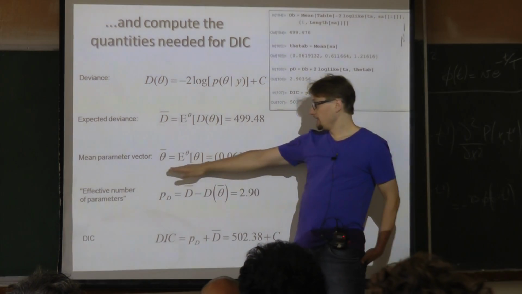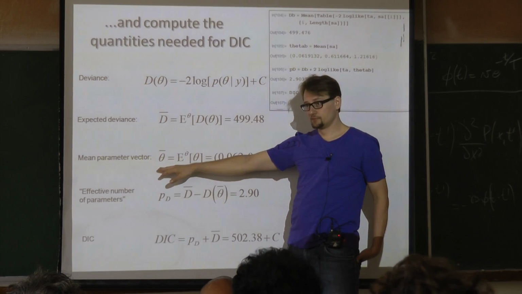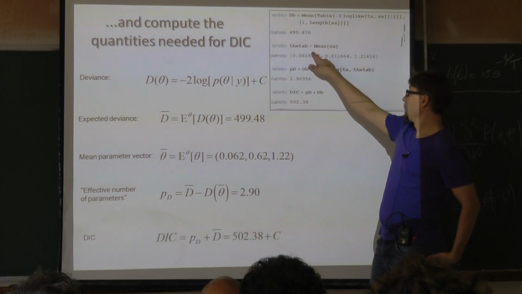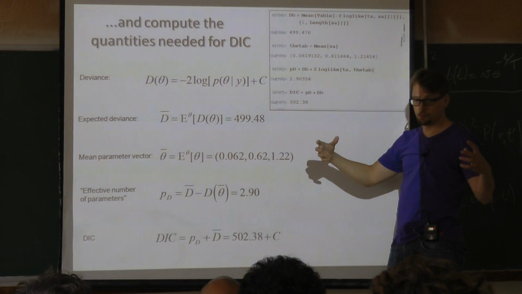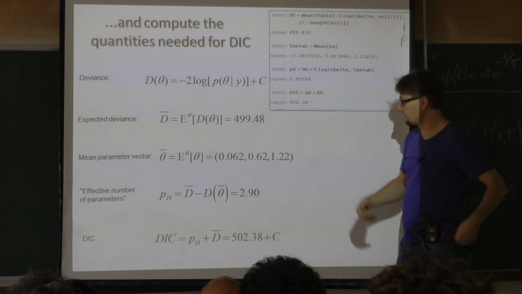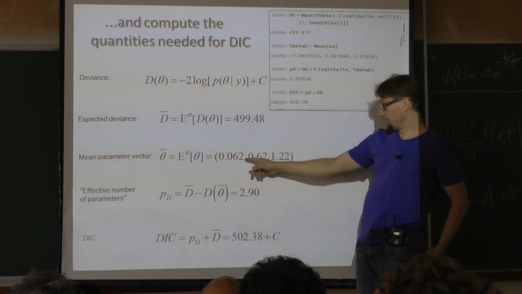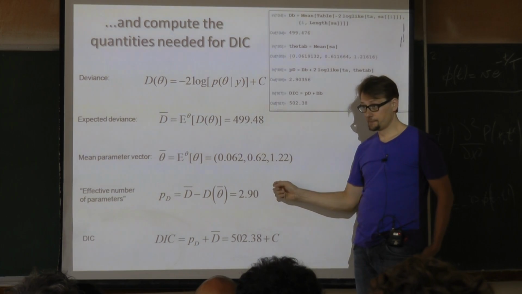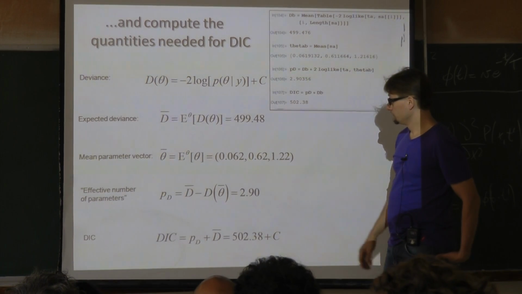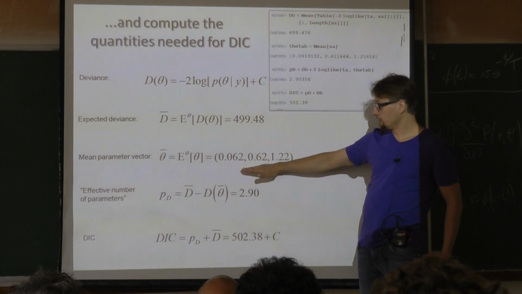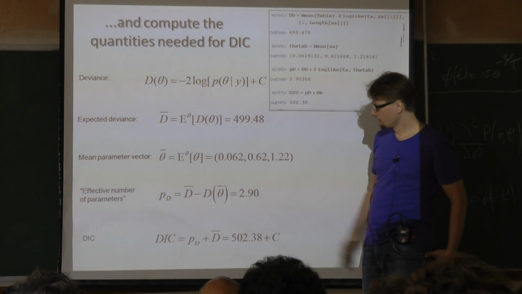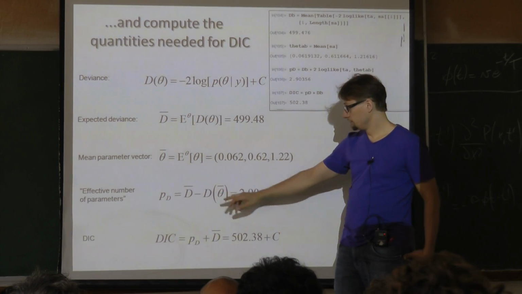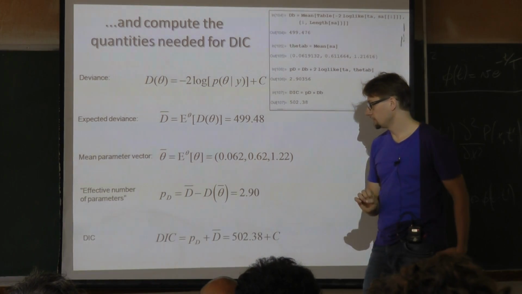Then I computed the mean parameter vector simply by taking the mean of this table of MCMC samples that I collected. Here we have 3 numbers because we have 3 parameters. So this is the posterior mean. And then I calculate the likelihood of this expression to get the deviance of the mean parameter vector.